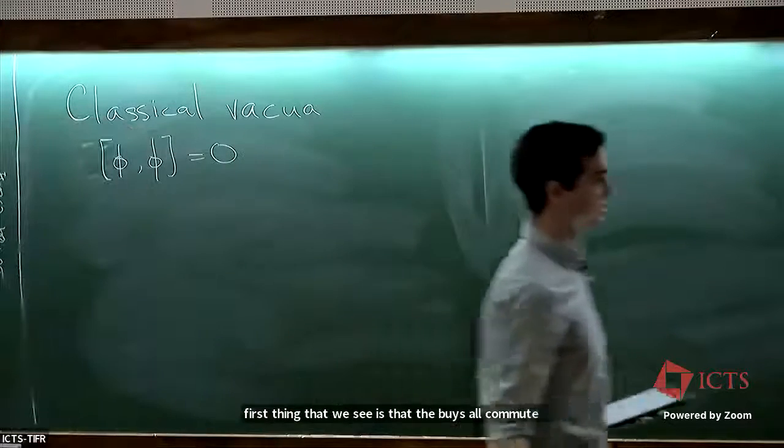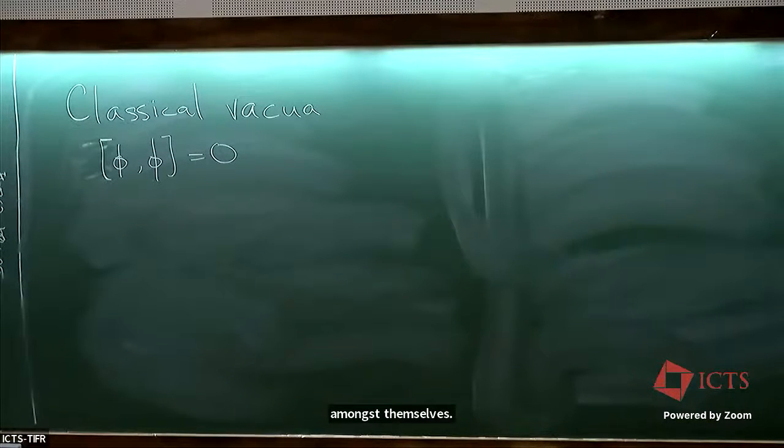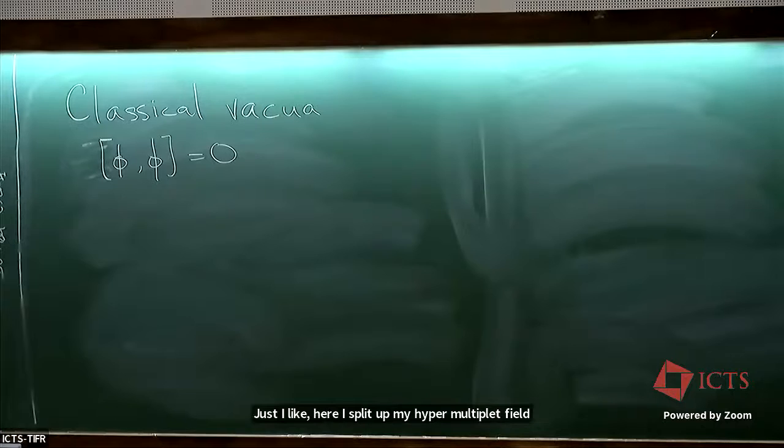One thing I will do, just to make my life a little bit easier, like here, I split up my hypermultiplet field into x's and y's and their conjugates. I'm going to take this triplet and split it up into 3 fields that I'm going to conveniently denote sigma, which is going to be a real scalar.